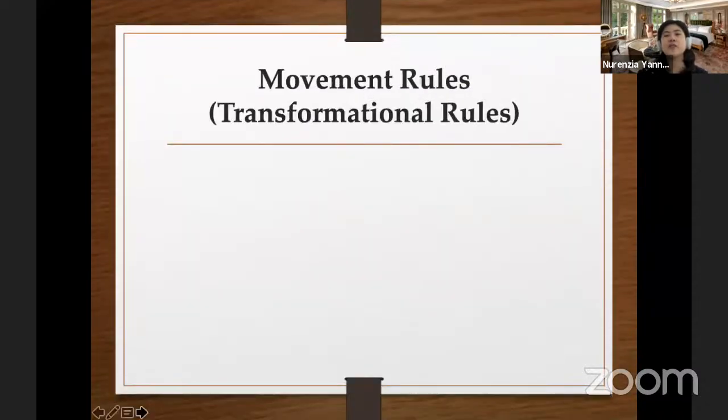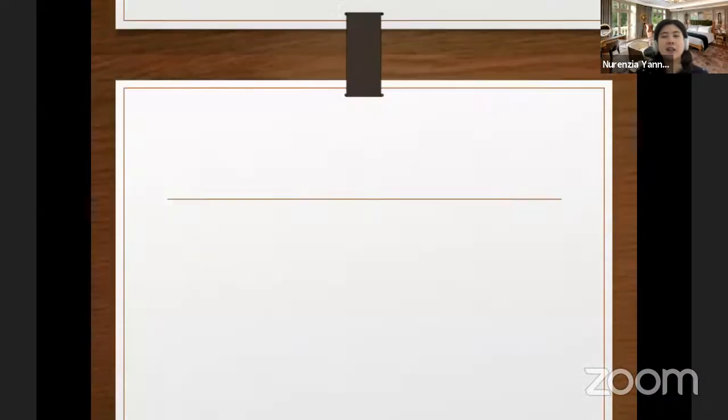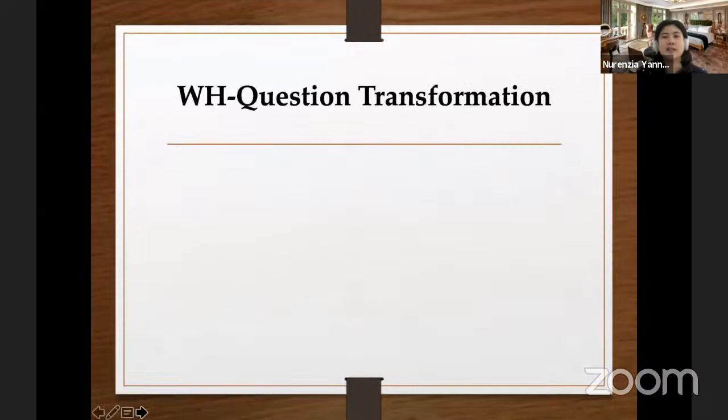And there are also some movement rules or transformational rules. Yeah. For example, when you want to describe negative sentences and questions. So when the sentence is affirmative, that's easy to draw the tree diagram. But when it is negative, ada movement yang harus dijelaskan di situ.